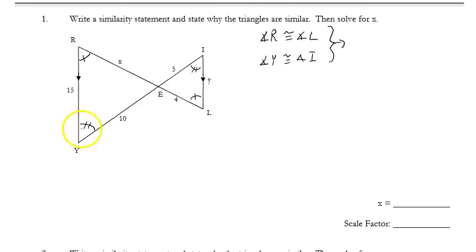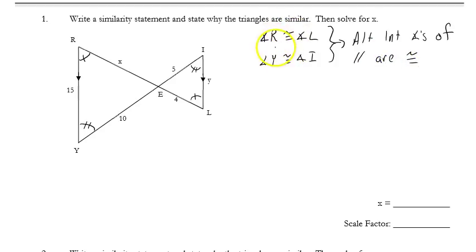If IL and RY are my parallel lines, which was given, I don't have to state it, then these angles are alternate interior angles. So alternate interior angles of parallel lines are congruent.